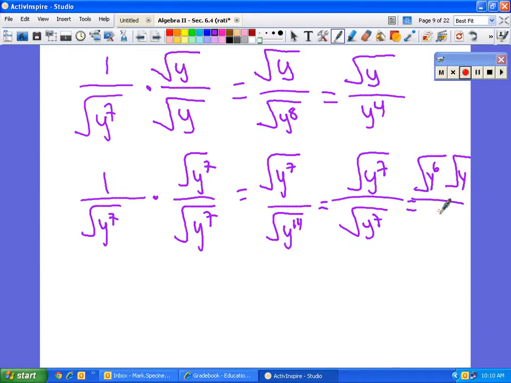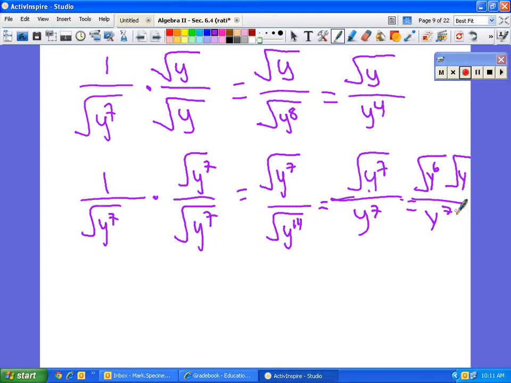I'm sorry, this should not be a radical. This should just be y to the 7th. The square root of y to the 6th is y to the 3rd.